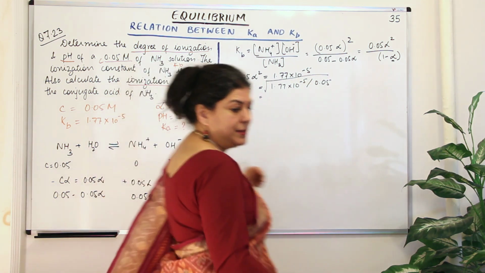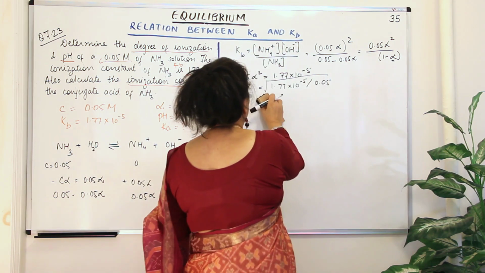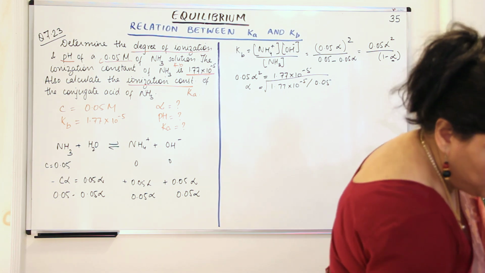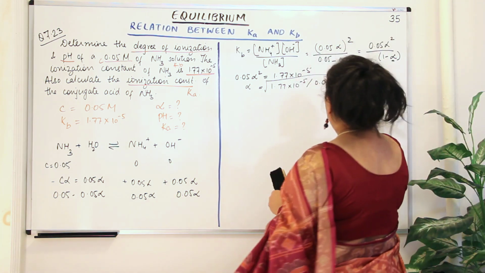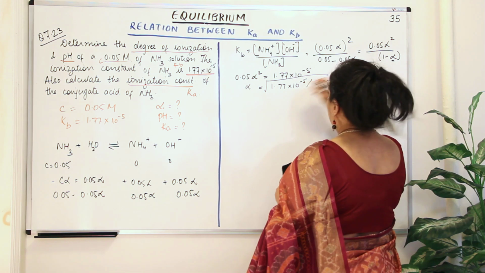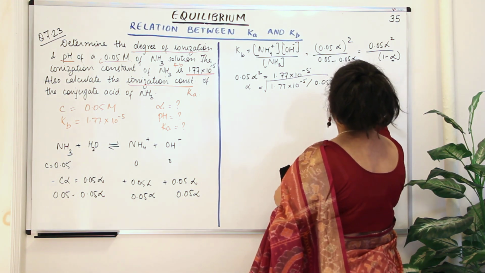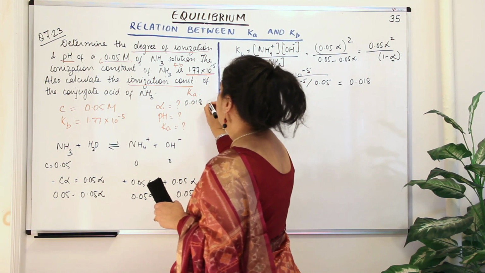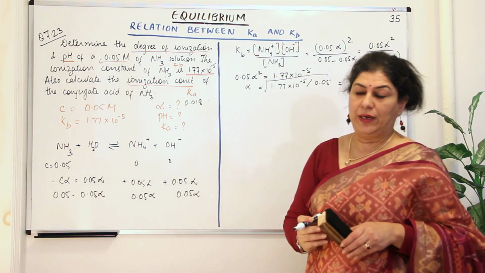When you calculate this, the value of alpha comes out to be 0.018. So that is the first part of the question.